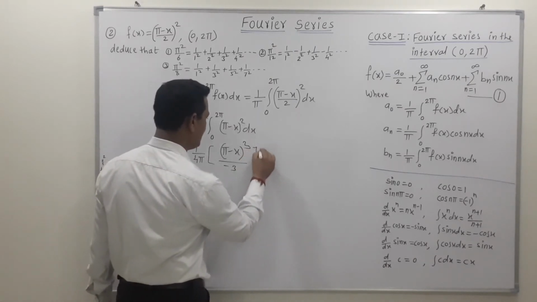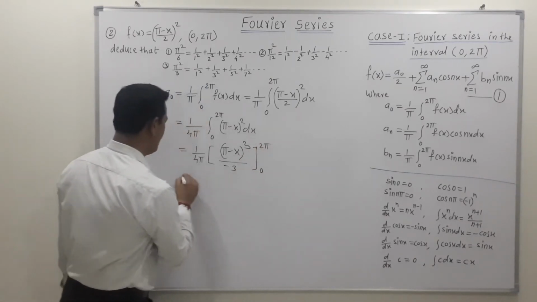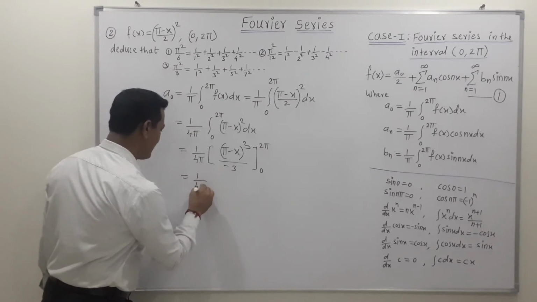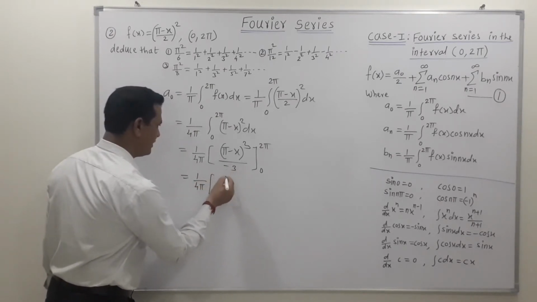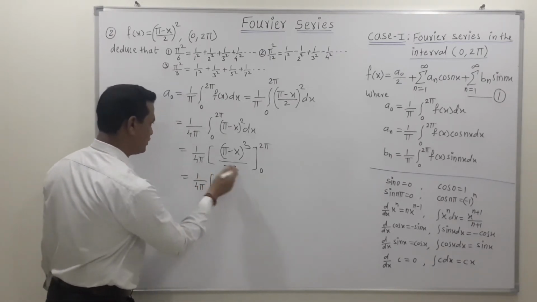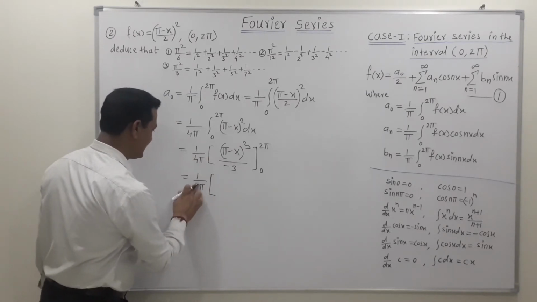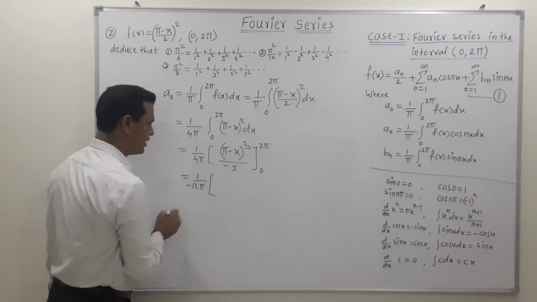Now its limit is 0 to 2 pi, so we write this as 1 upon 4 pi. After taking this minus sign outside, we get minus, 4 threes are 12.